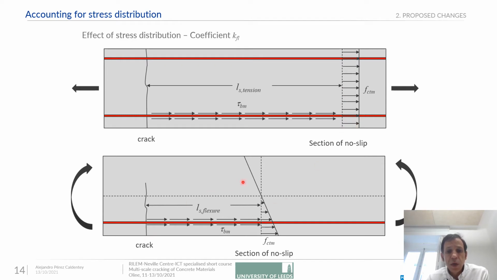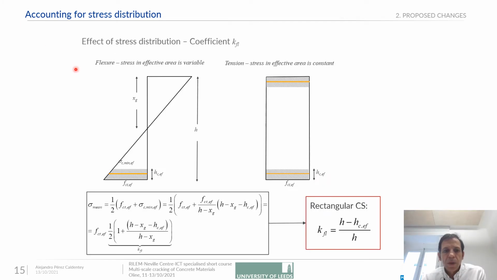So we could get a new crack at a transfer length which would be half for flexure than what we have for tension. This would be the basis of this k factor, which would be half in flexure than in tension according to Eurocode 2.